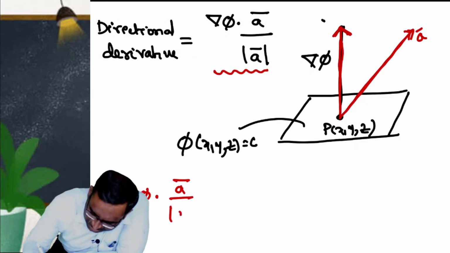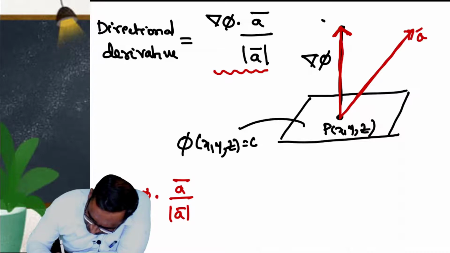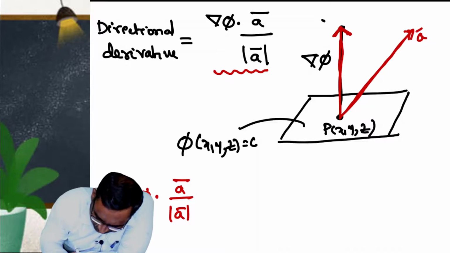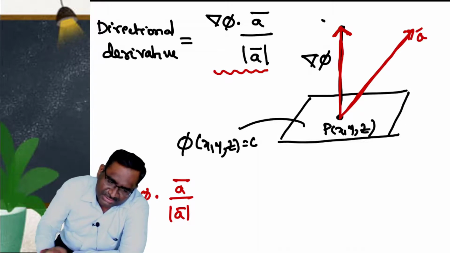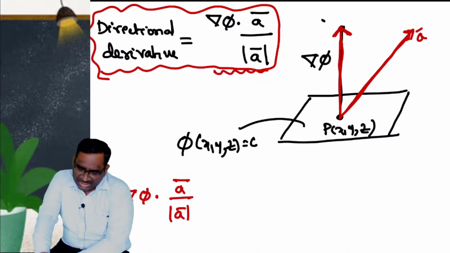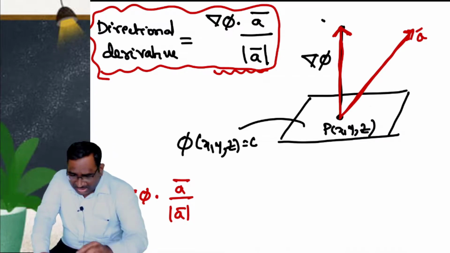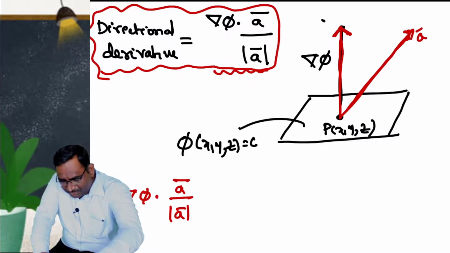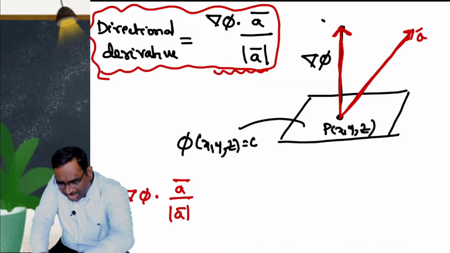This is the directional derivative of the level surface phi in the direction of the vector A bar. This is the formula. What is this value? It is the component of del phi in the direction of A bar.